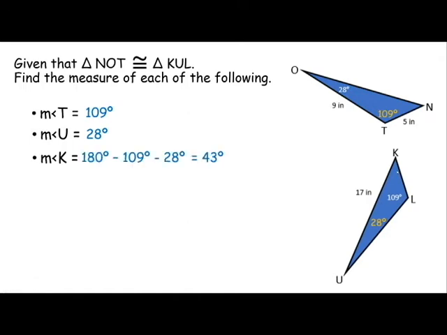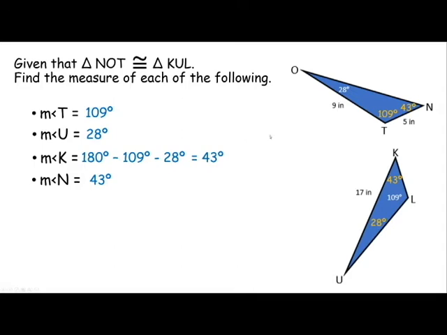Well, I subtract that, and I end up with 43 degrees. So I fill that in here for angle K. Well, if angle K is 43, and I know angle K matches to angle N, that tells me that angle N is also 43 degrees. Again, it's just a matter of using what we know as well as the fact that the triangles are congruent to fill in missing pieces of information.